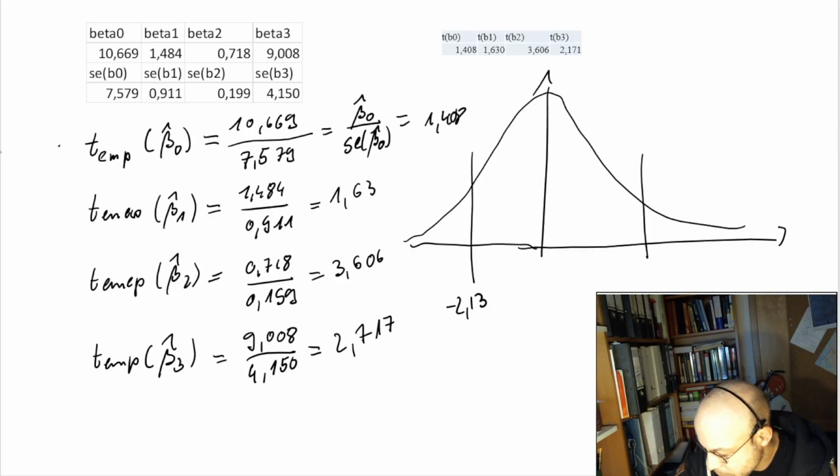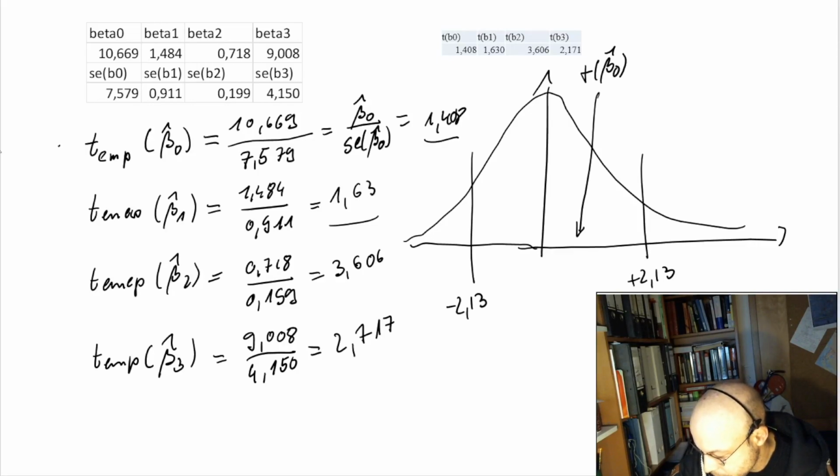Minus 2.13, plus 2.13. And what we find is that for these two, T of beta hat 0 is 1.48.